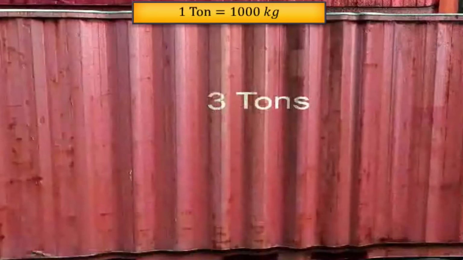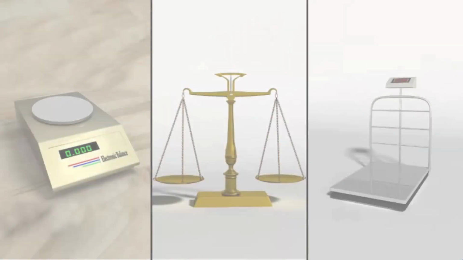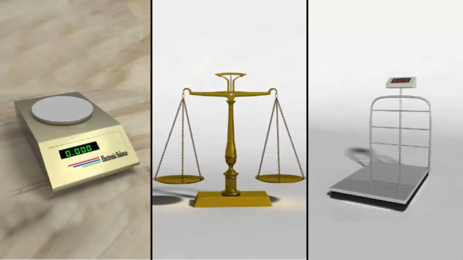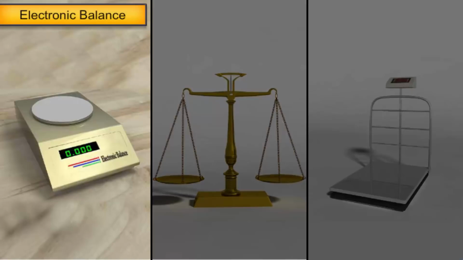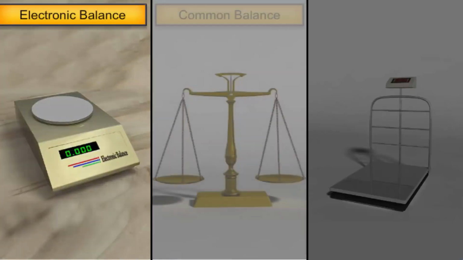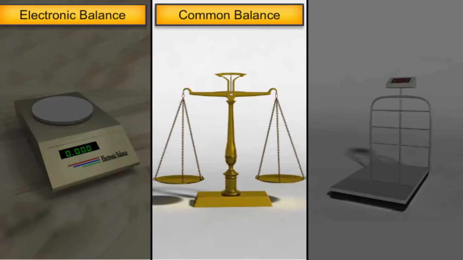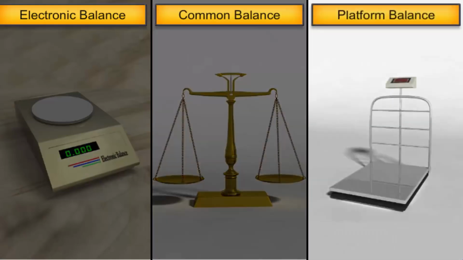Masses of cargo containers are expressed in tons. Different types of balances are used to measure masses of objects of varying magnitudes. They range from electronic balances used in gold shops, common balances used in grocery shops, and platform balances used to weigh heavy articles such as reams of construction rods.